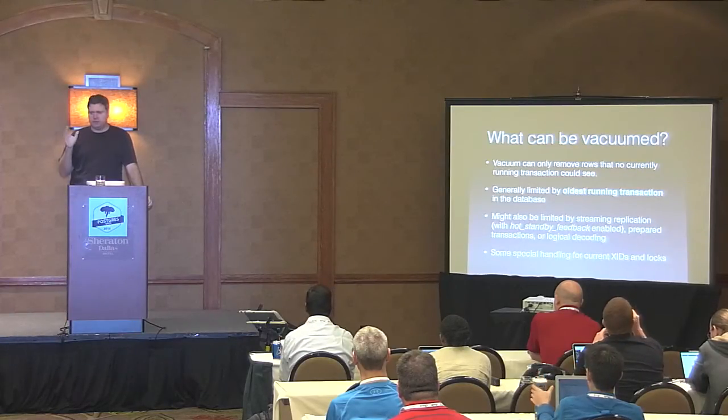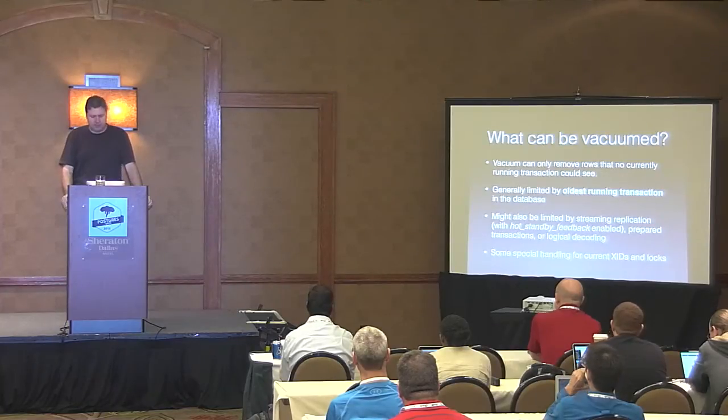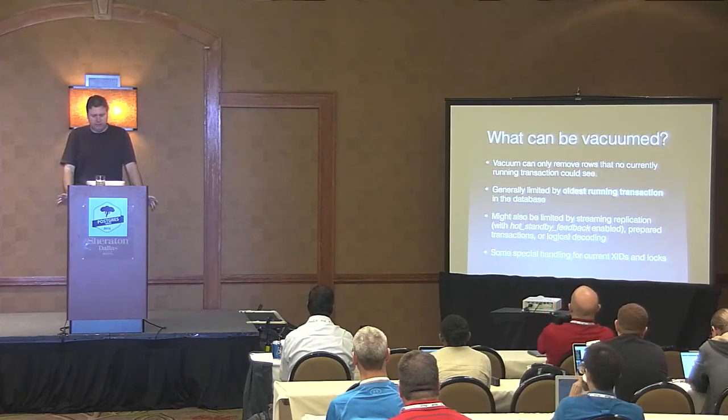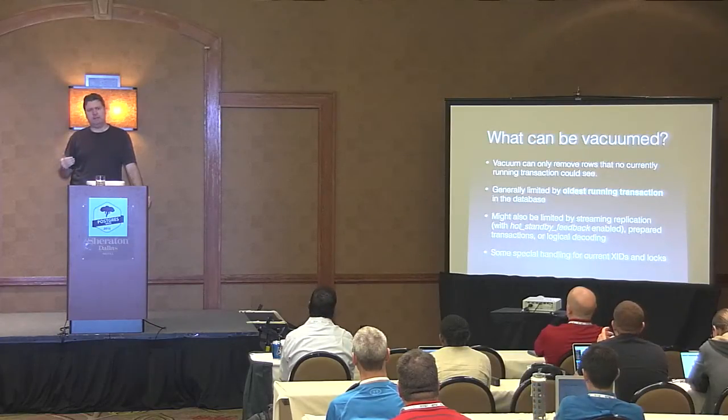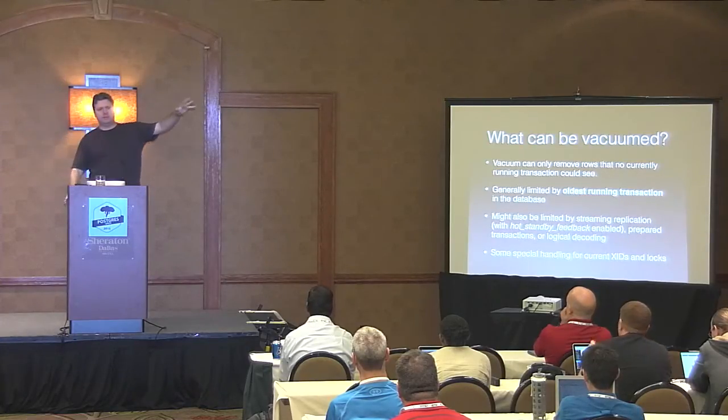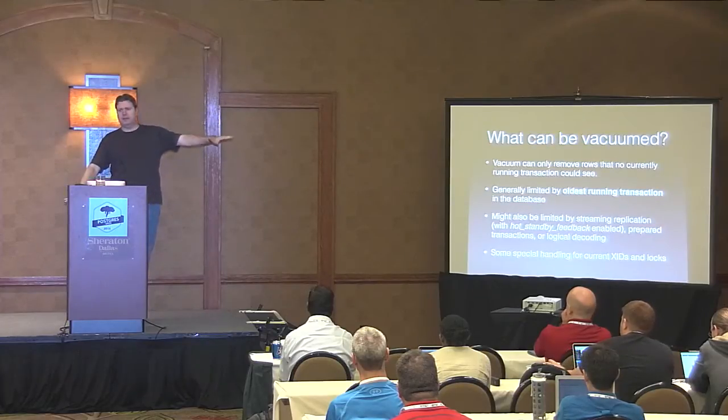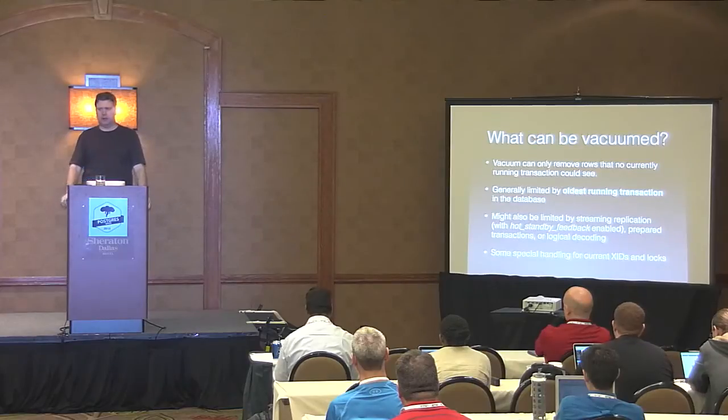There's a few things that kind of alter that. The biggest one of those is hot standby, streaming replication. If you have hot standby feedback enabled and you have a long-running transaction on one of your streaming replicas, that prevents vacuum from removing data on the master. So you have to be cognizant of that if you enable that feature.